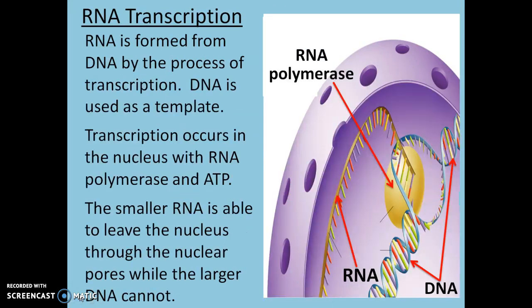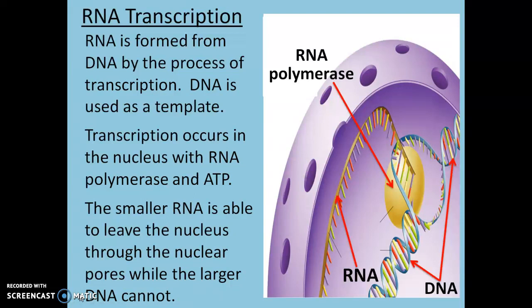So we're going to get into this process of RNA transcription. Once again, RNA is formed from DNA in the nucleus. This process happens in the nucleus because DNA is located in the nucleus and DNA is not able to leave the nucleus. So because we need DNA to make RNA, this process must occur inside of the nucleus.